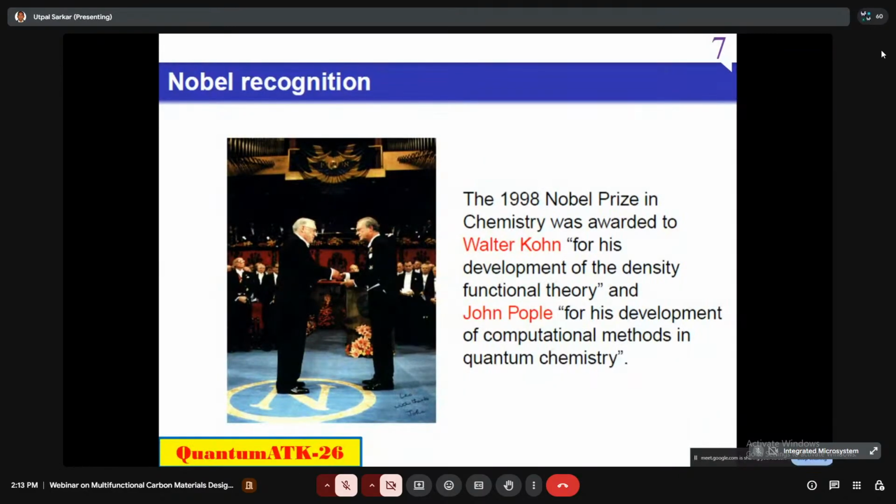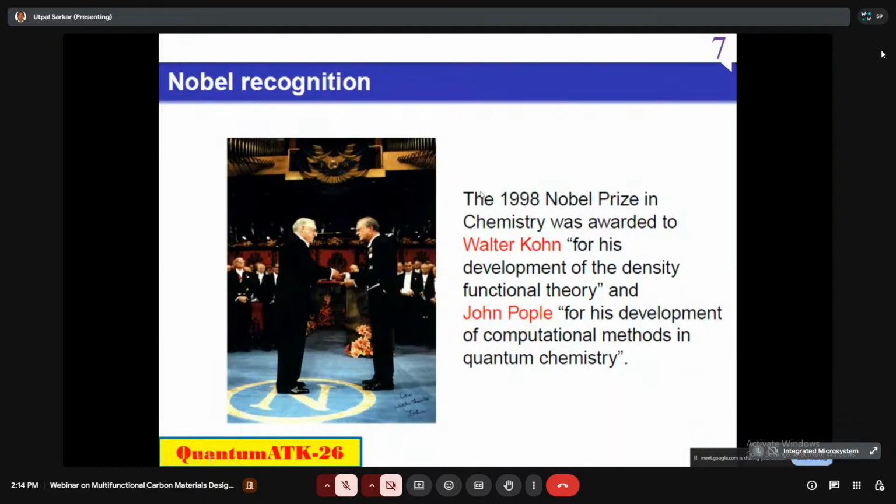And as a result of this very good success of the density functional theory, in 1998 the Nobel Prize in Chemistry was awarded to Professor Walter Kohn for his development of the density functional theory, and Professor John Pople for his development of the Gaussian basis sets available for the density functional theory.